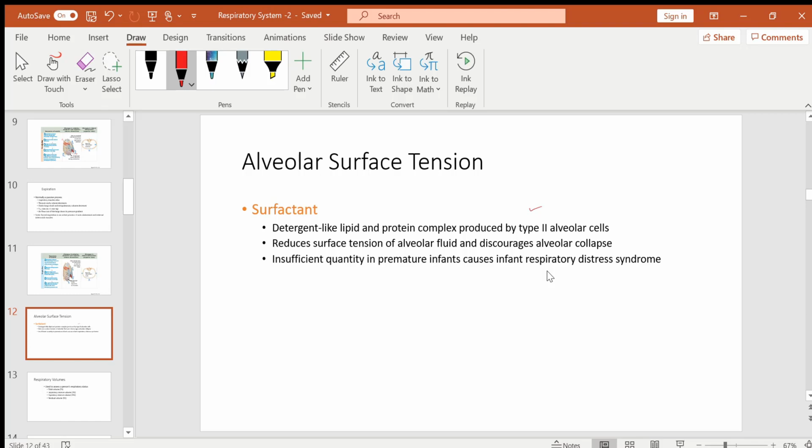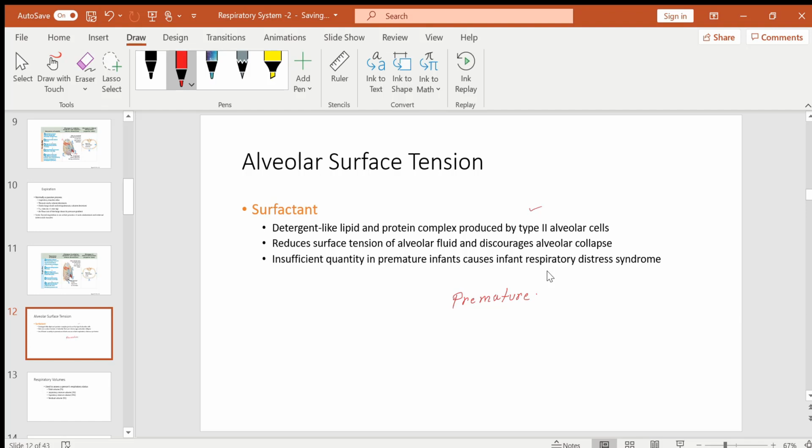It happens in infants more due to lack of surfactant secreting cells, usually due to genetic disorder. But if a premature baby is born, that baby might have a lack of mature surfactant secreting cells, so that can also cause infant respiratory distress syndrome.